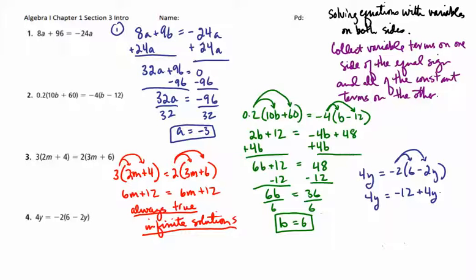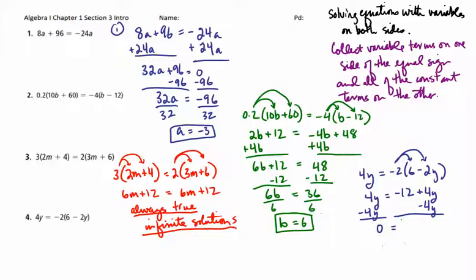All right, so at this point I can see something doesn't look good. It says 4y is equal to negative 12 plus 4y. But how can 4y be equal to 4y minus 12 or negative 12 plus 4y? So what I would do in this case is use my to the left strategy. And when I do that, you're going to see on the left side I get 0 because I added two opposites.